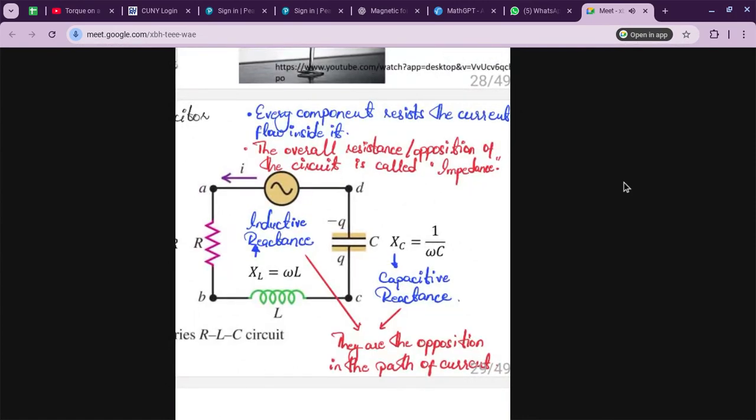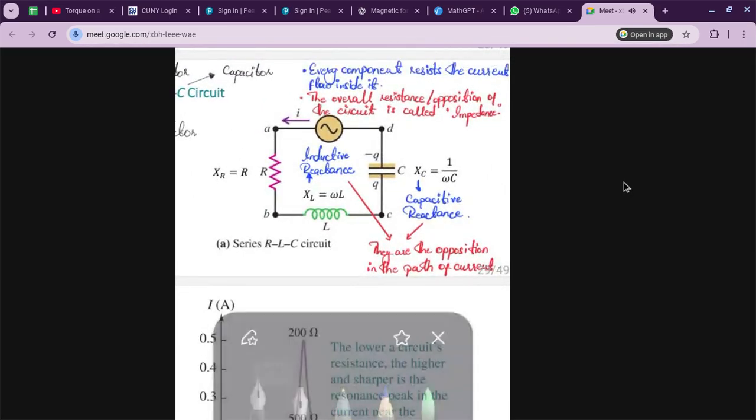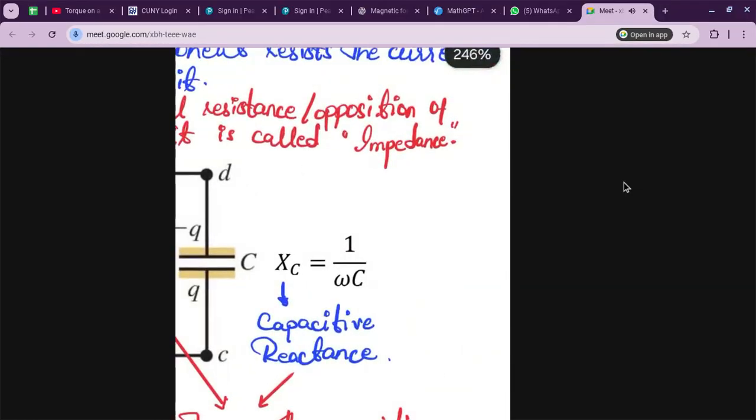Alright? So Vera, what will be the formula of impedance? Impedance is represented by Z. Z is equal to R plus XL plus XC.